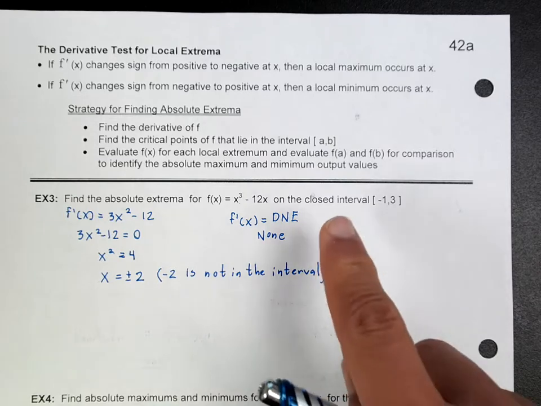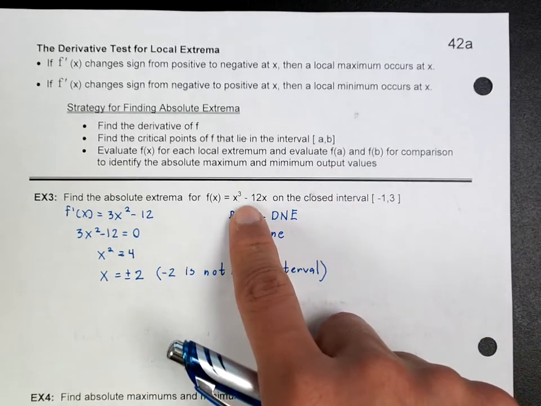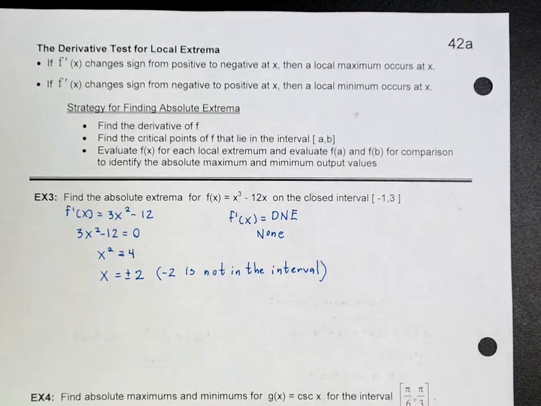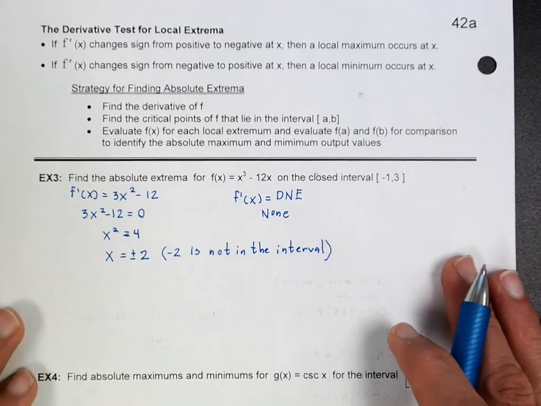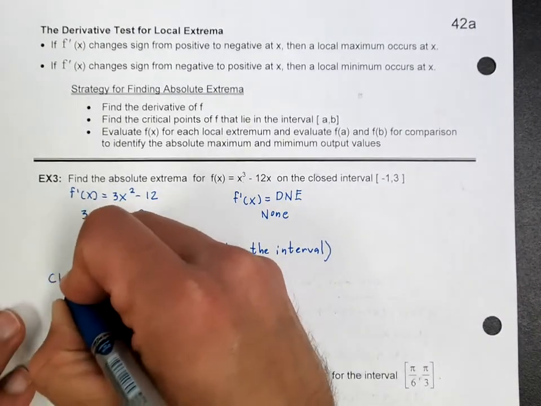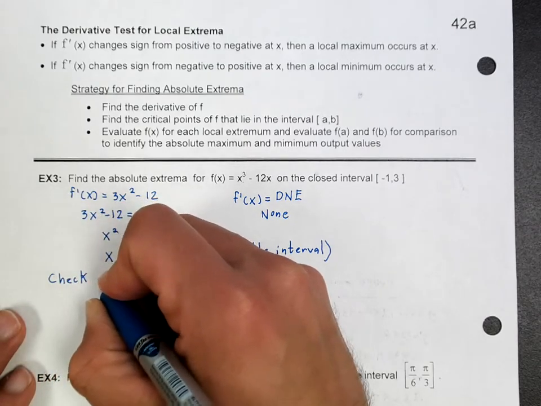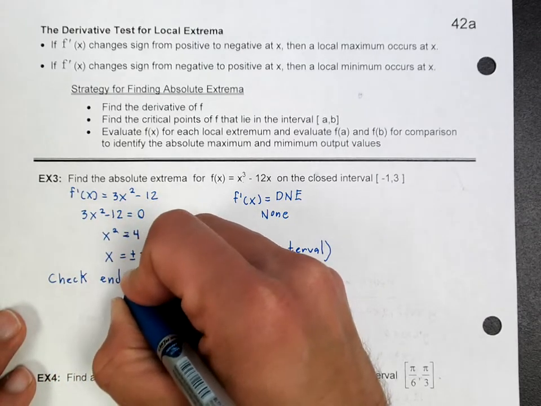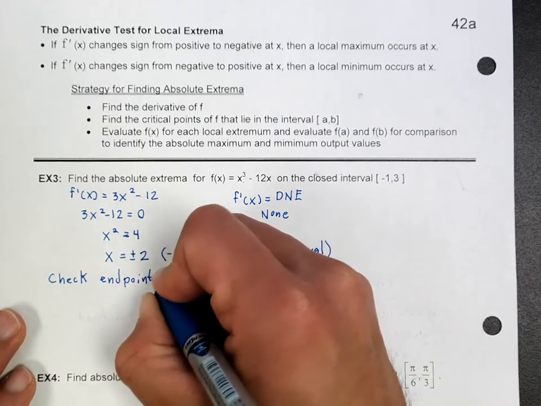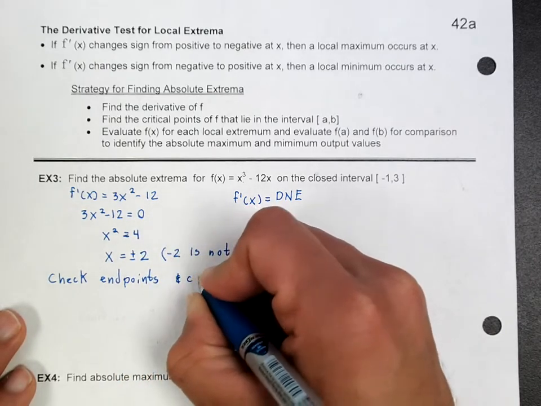Okay, so I don't know what that looks like yet. I sort of have an idea what that looks like, but I don't know everything about it. So I'm going to have to check the endpoints. We're going to check the endpoints and the critical values.